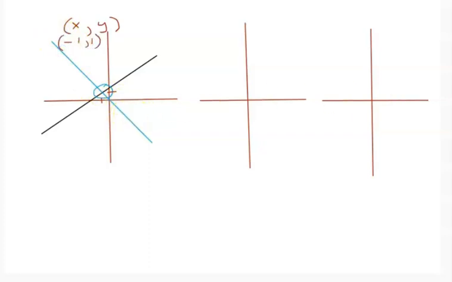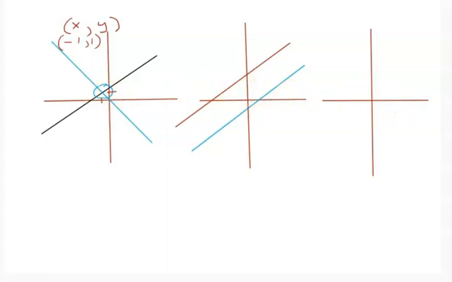Now, another scenario as we move on is, suppose you have one line, and then you draw another line from another equation, and lo and behold, it looks like this. Well, we know from our last lesson that these lines are going to be parallel, and they would never intersect.